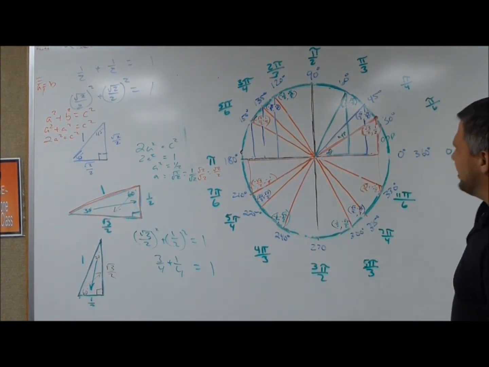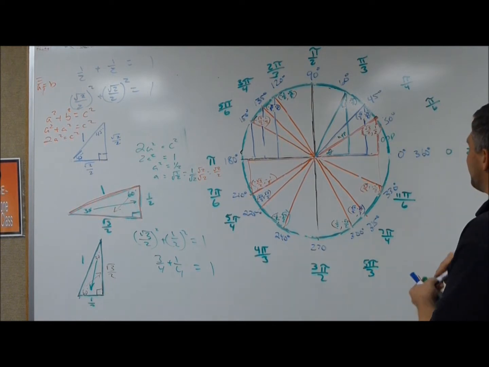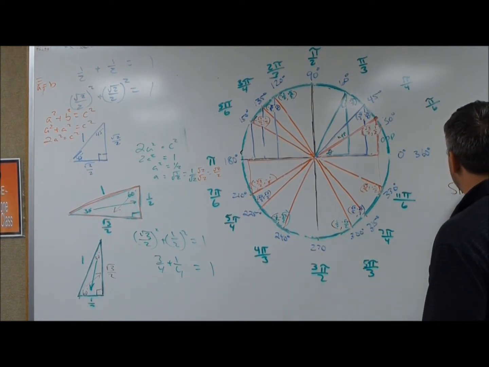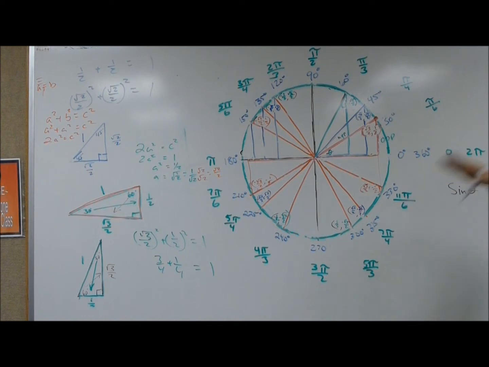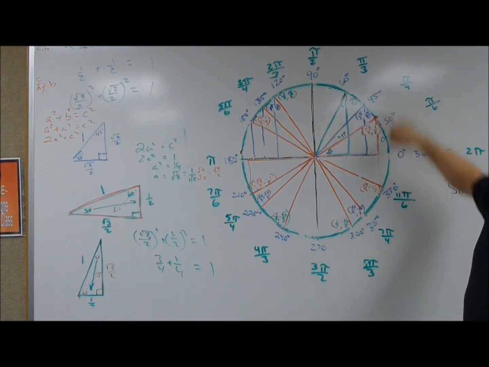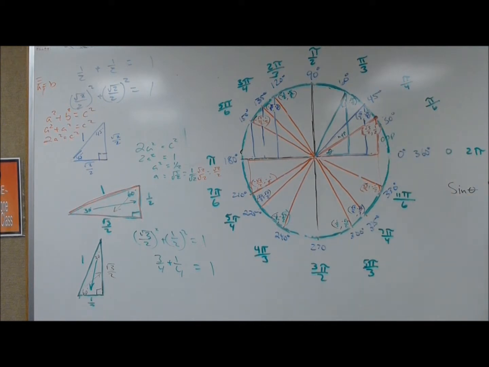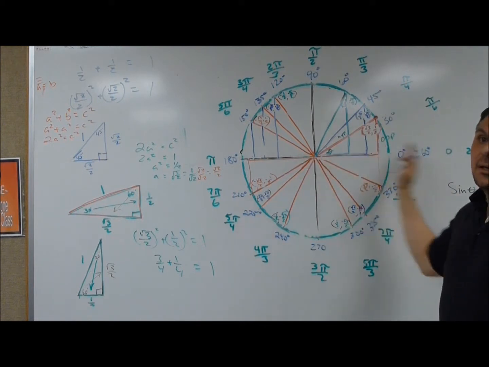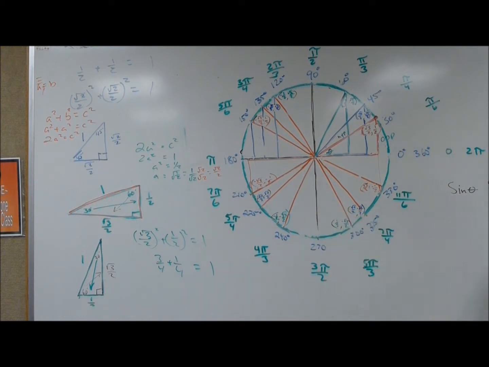So, when we talk about sine theta, we're talking about the opposite over the hypotenuse. But when we're talking about it on this graph, we're talking about the y value over the x value.